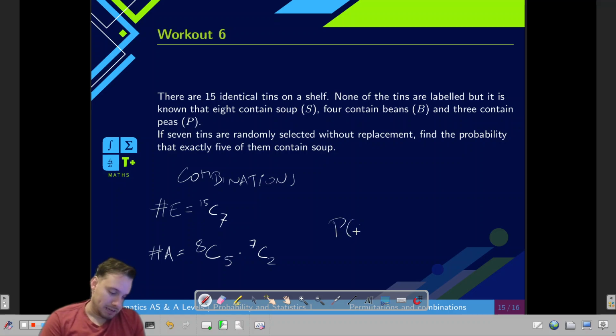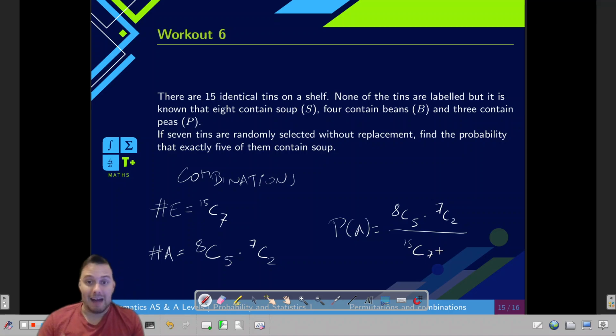So the probability that I'm looking for here is 8 choose 5 times 7 choose 2, what I want, divided by 15 choose 7, what I have in total. I go to the calculator, I plug that in, and you can do this with the nCr button with no problem at all. And you would arrive at the final solution, which is 0.183.